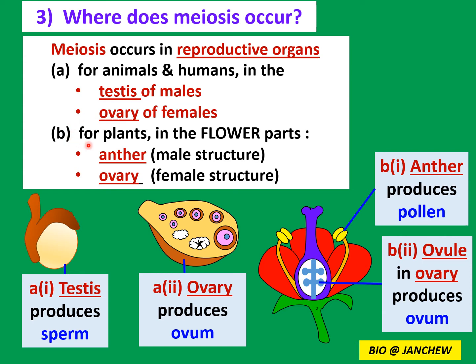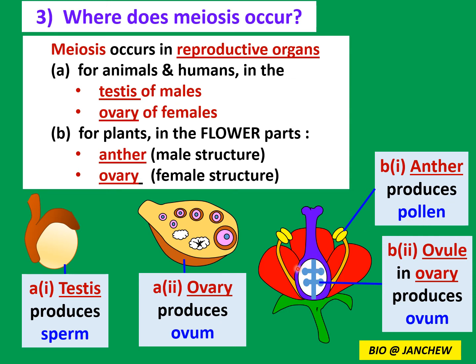For plants, it occurs in the flower parts, that is, the anther, as seen here, which is usually covered with a yellow powder, and that yellow powder is the pollen, which contains the male gametes produced through meiosis.